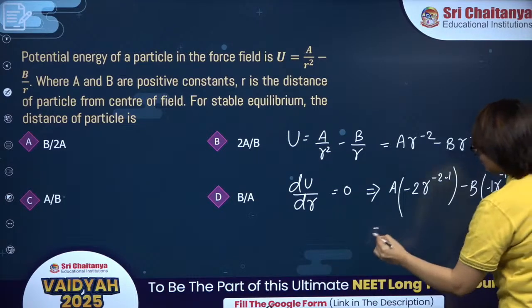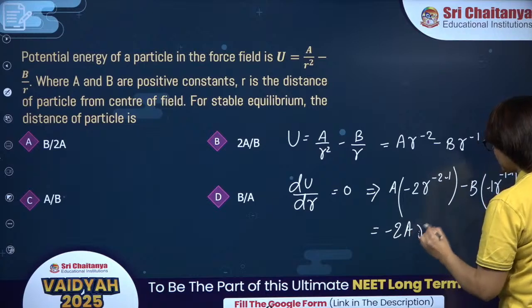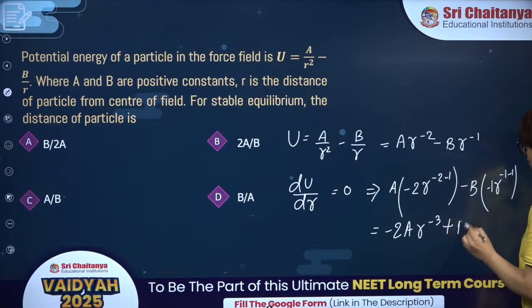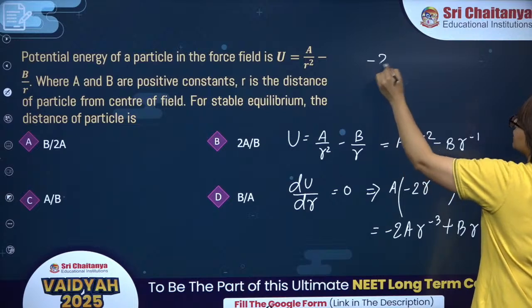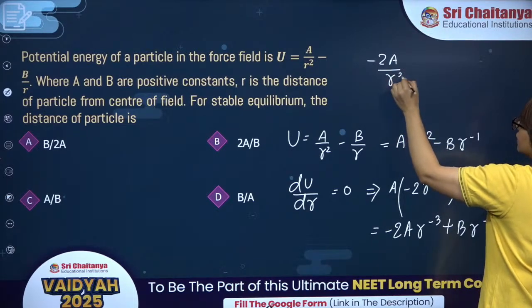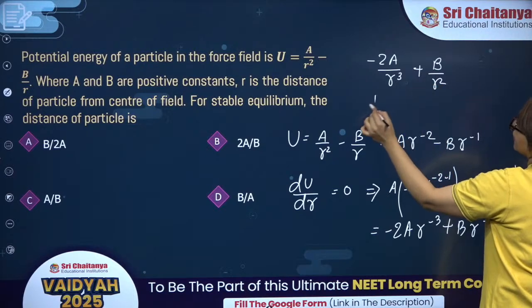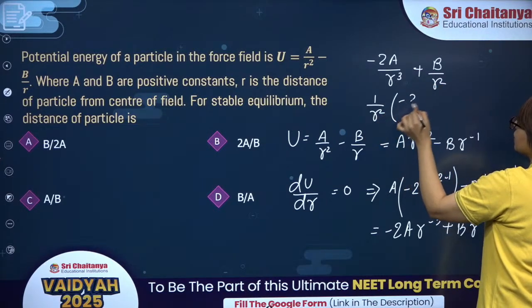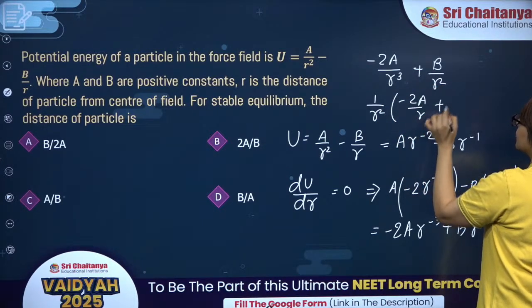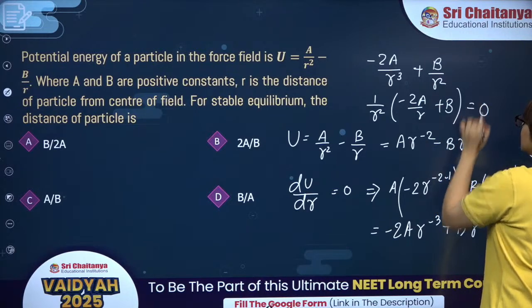So it will be minus 2A times r to the power minus 3 plus B times r to the power minus 2. So you can write it as minus 2A divided by r cube plus B divided by r square. 1 upon r squared common, so it is minus 2A divided by r plus B, and it should be 0.